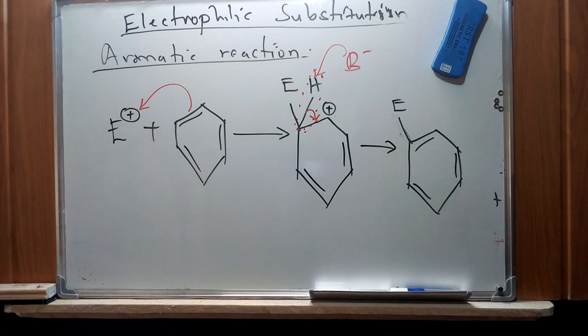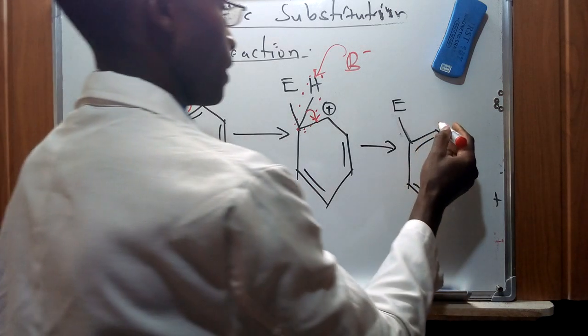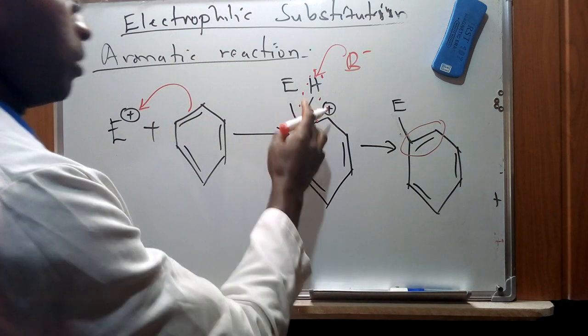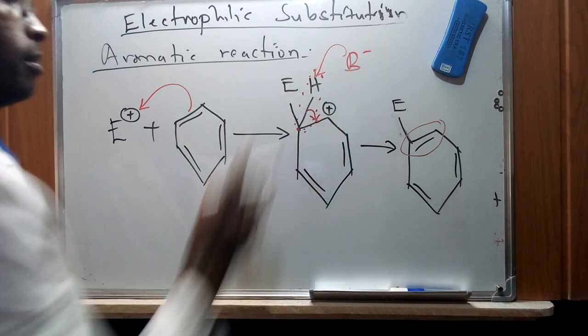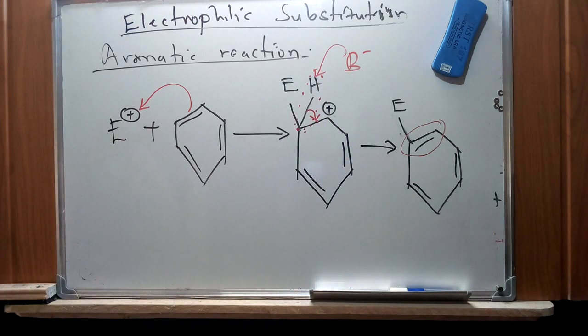So there will be a reformation of the carbon-carbon double bond and a restoration of aromaticity, which has happened at this point due to the movement of electrons resulting from the breakage of this sigma carbon-hydrogen bond.